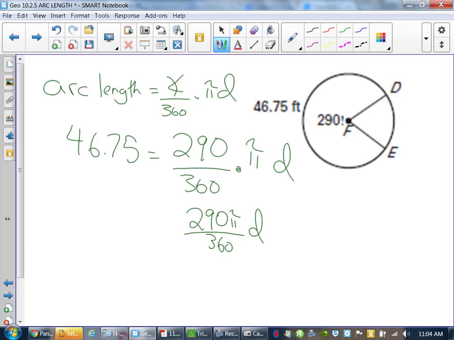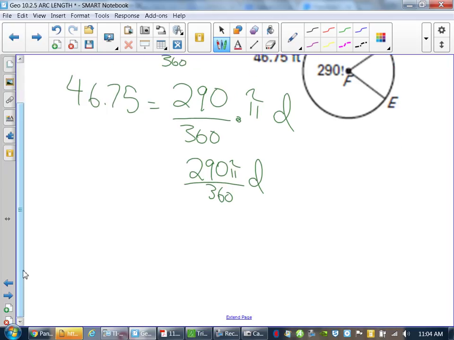Now, you've got to be careful when you put this in your calculator. 360 over 290 pi times the 46.75. Once again, that 46.75 is over what number? It's over 1. So all you're doing is multiplying straight across.